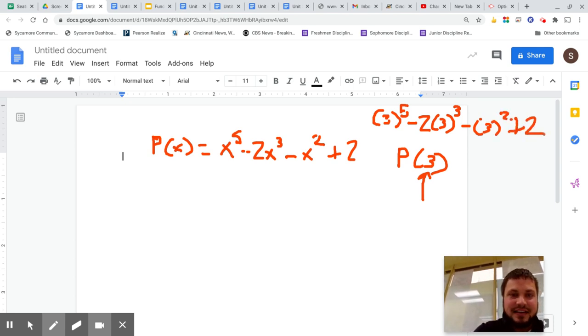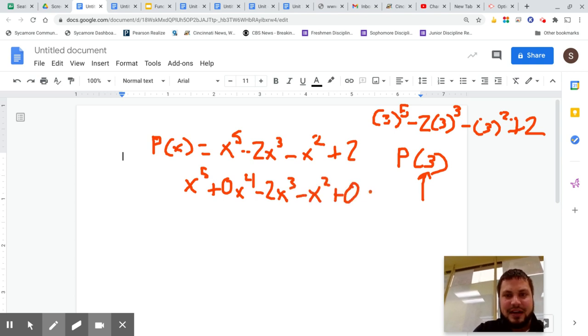Okay, so to do that synthetic division, the first thing I want to do is make sure that I add in the missing exponent. So I've got x to the 5th plus 0x to the 4th minus 2x to the 3rd minus x squared plus 0x plus 2. I'll write down those coefficients.